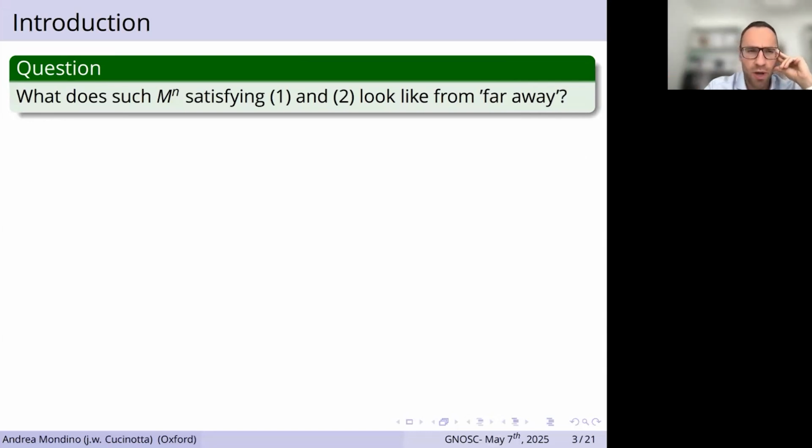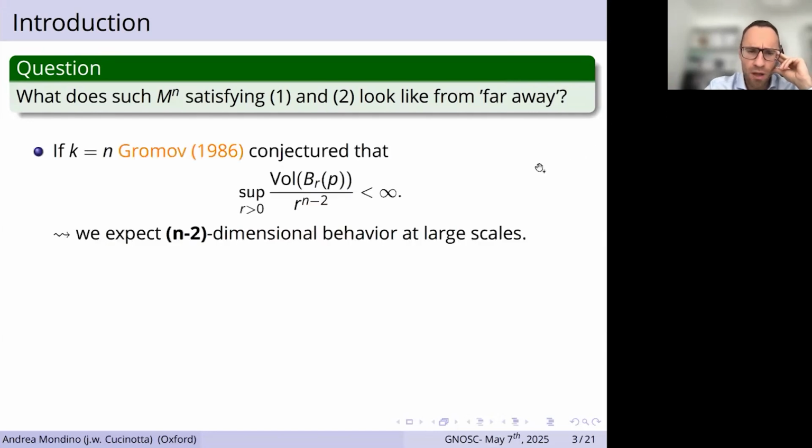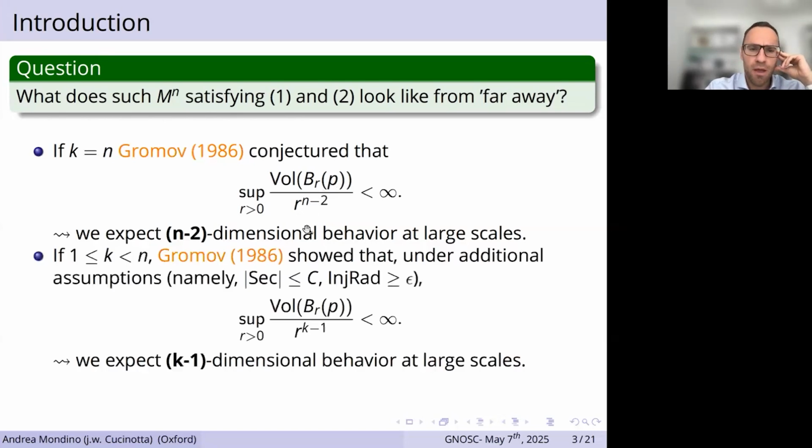This kind of question was proposed by Gromov in a very influential paper of 1986, who conjectured that if one has a manifold with non-negative Ricci and positive scalar curvature, so k is equal to n, then the volume of large balls grows in a controlled way, by the radius to the power n minus 2. So we expect an n minus 2 dimensional behavior at large scales.